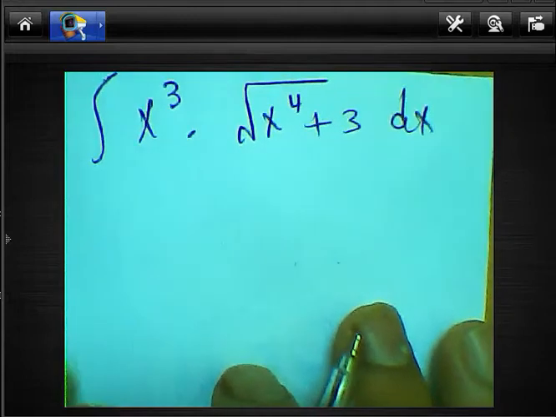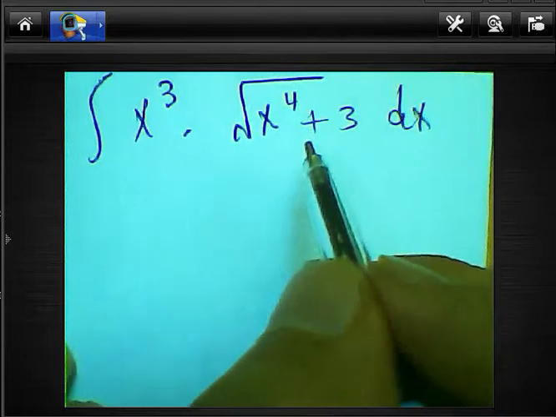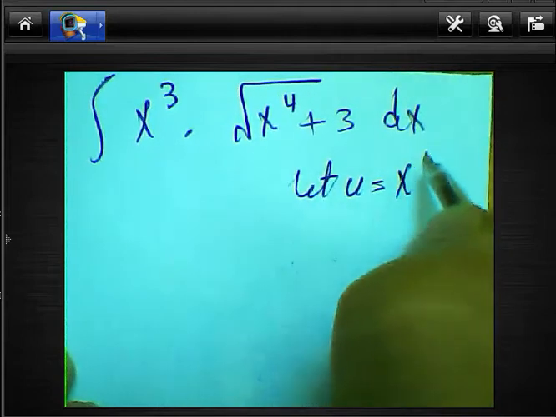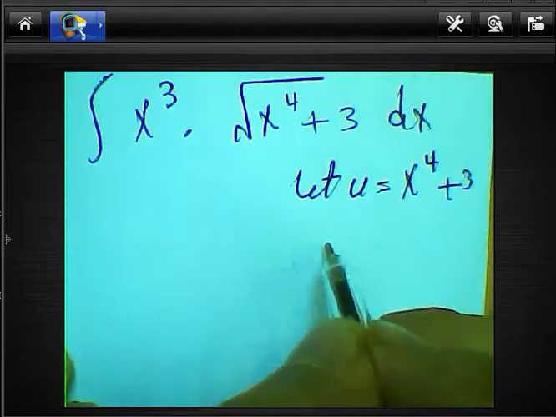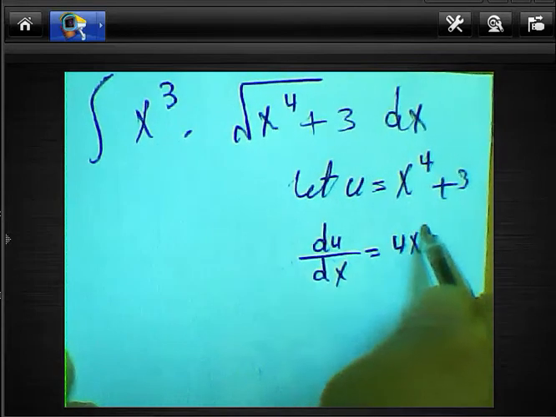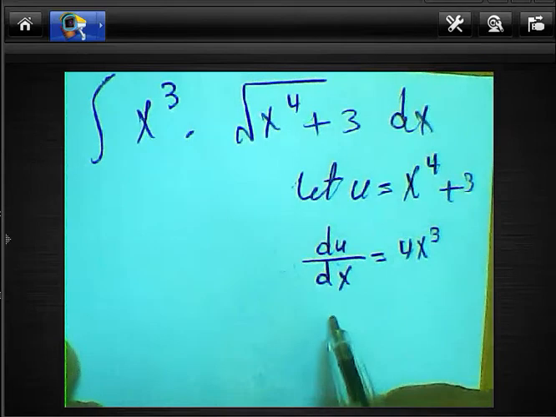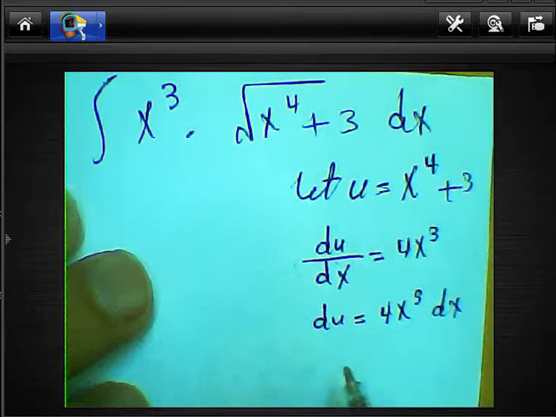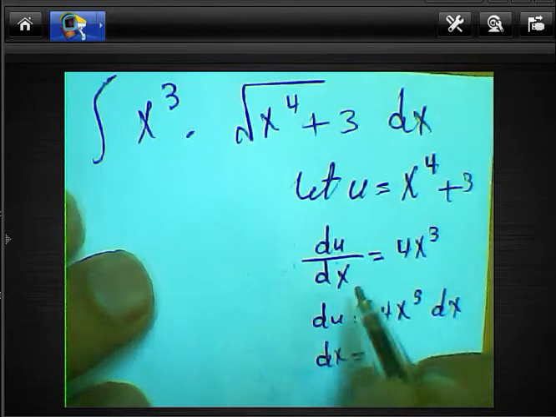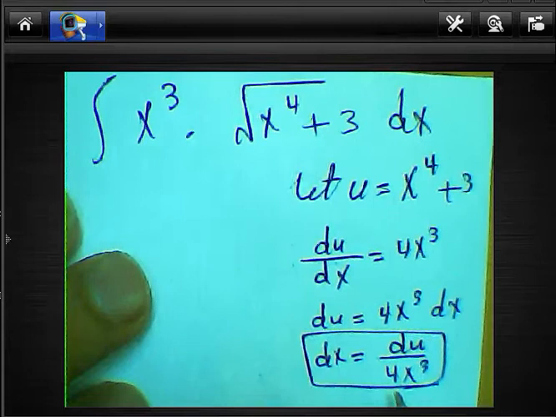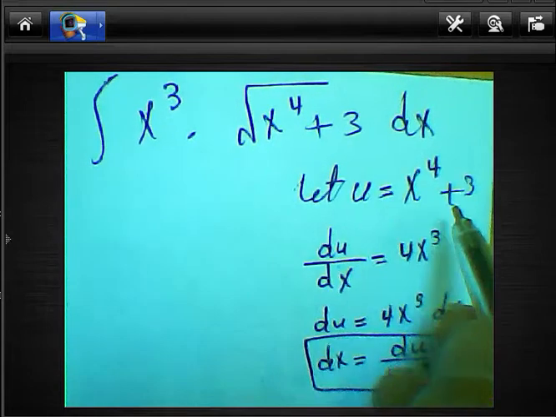In this example, we must let u equal x power 4 plus 3, then du over dx equals 4x power 3, then du equals 4x power 3 dx, and dx equals du over 4x power 3.